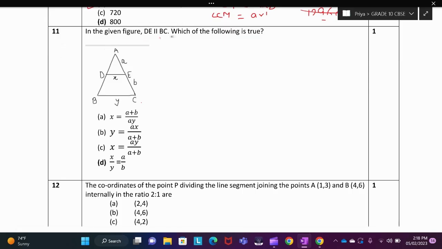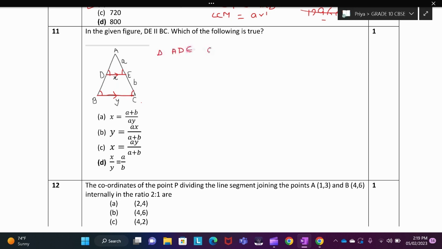Question number 11. DE is parallel to BC. So I know DE line segment is parallel to BC line segment, isn't it? So if DE is parallel to BC, angle D and angle B are corresponding angles, which means they are equal. Angle E and angle C are corresponding angles, again they are equal.